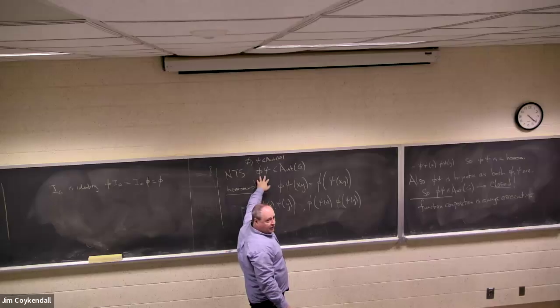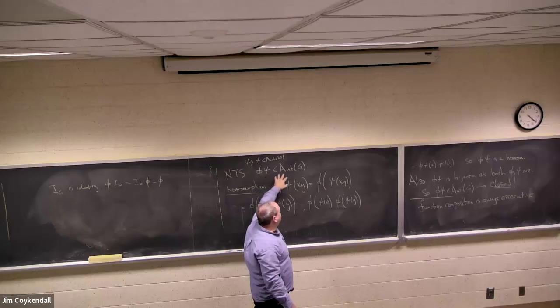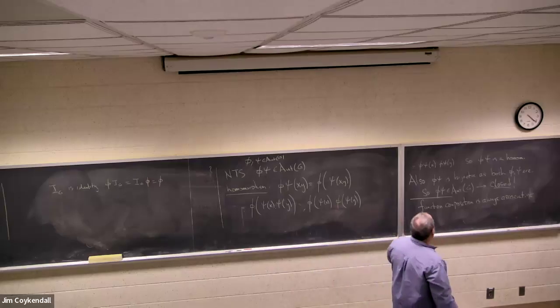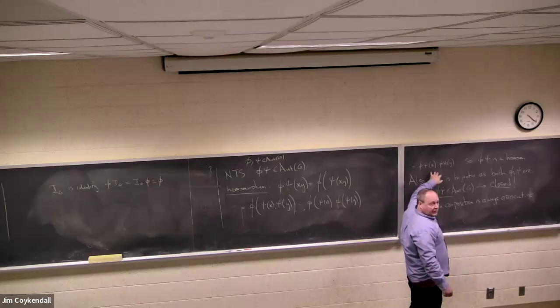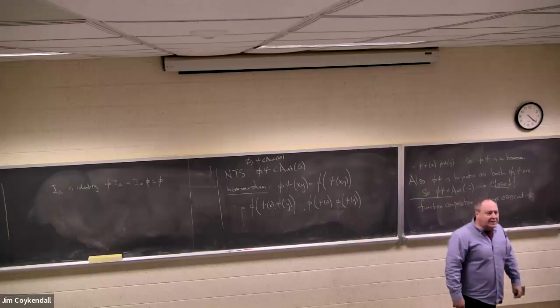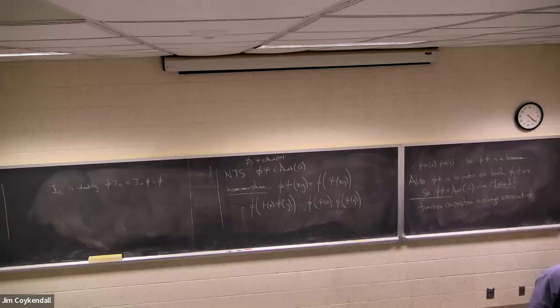So when you compose these two functions, how do you know this is still an automorphism? Right? And that's what we did here. First thing we did is we showed first, to be an automorphism, it's got to be a homomorphism. So we showed the composition of homomorphisms. And then going further, we need it to be bijective, right? And that's when we use that the composition of two bijective functions is bijective, right?